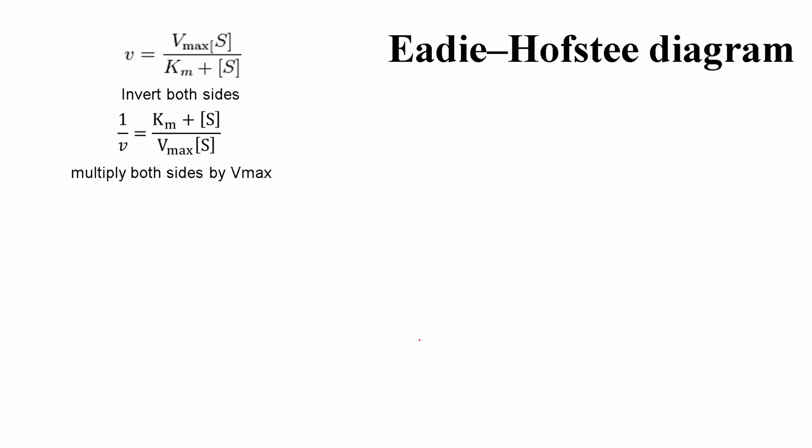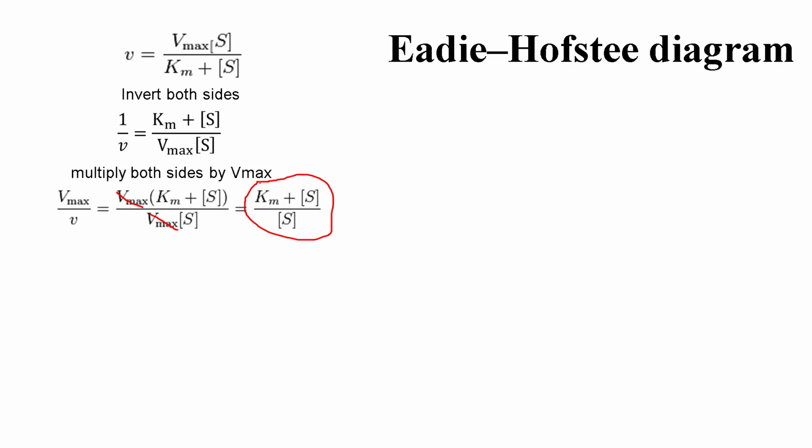This time around, we are multiplying both sides by Vmax, and when we do that, we have Vmax multiplied by 1 over v equal to Vmax multiplying everything on top. So this Vmax will cancel this Vmax, and we are left with Km plus s, all divided by s.